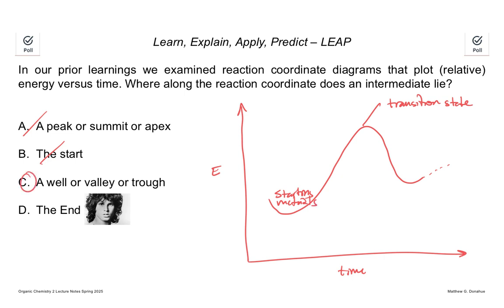It's a well or a valley. So this right here would be an intermediate. So again, it's higher in energy than your starting materials, but it's not the product yet. So it's an intermediate along that pathway.